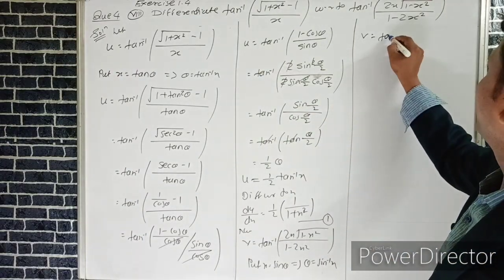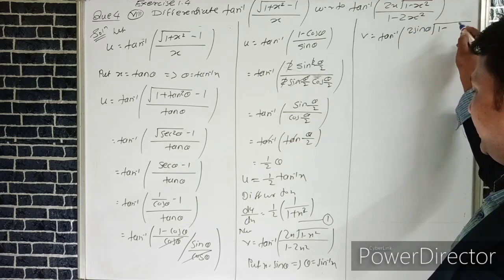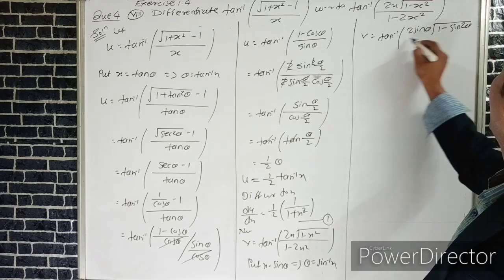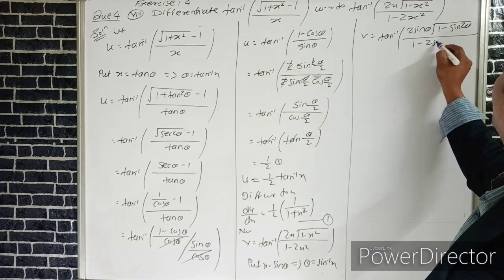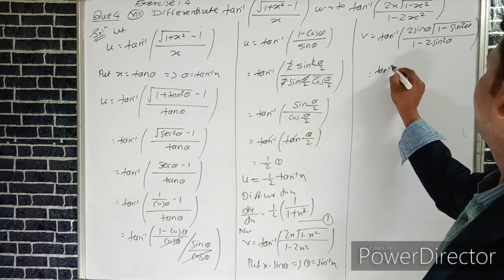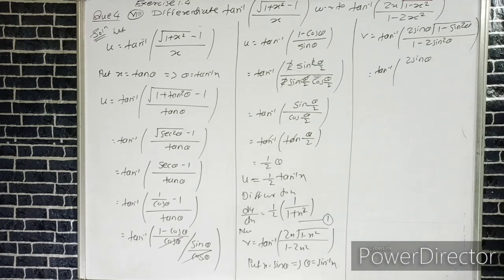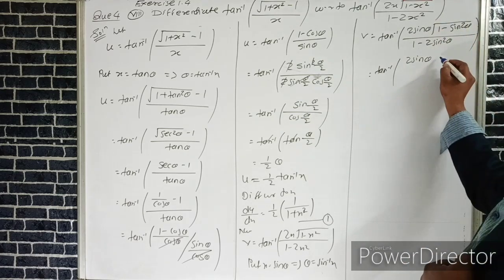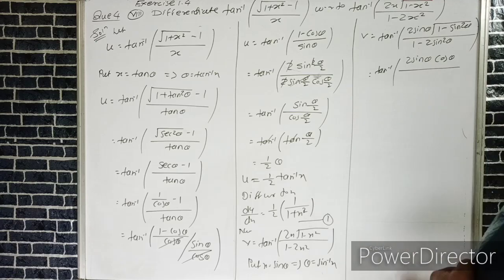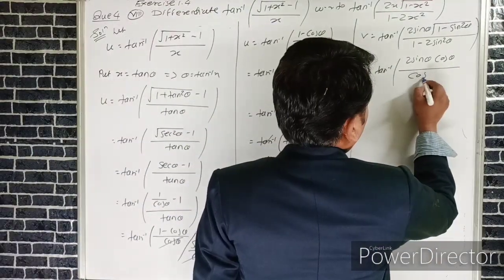V is equals to tan inverse of 2 sin theta into under root of 1 minus sin square theta upon 1 minus 2 sin square theta. We know that under root of 1 minus sin square theta is under root of cos square theta, which is cos theta, and 1 minus 2 sin square theta is cos 2 theta.